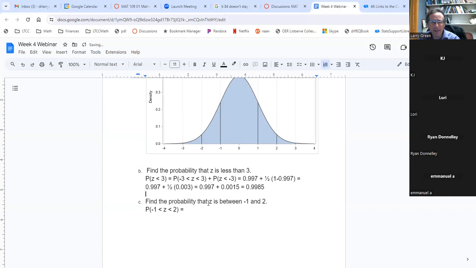is find the probability that z is between -1 and 2. So now I want it between -1 and 2. Okay, and we're going to do something similar to that. So how can I break it up first? I'm going to break that one up into two pieces. What pieces should I break that up into?